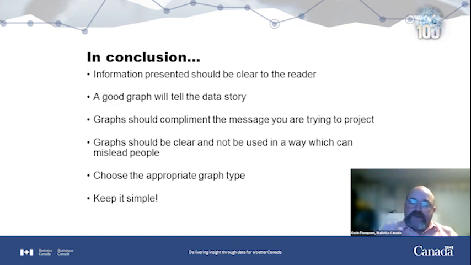They're going to look at it and think, okay, now I want to read the article or the press release or whatever it is you're using to find out exactly what the story behind all this context is. They should be used in a clear way that doesn't mislead people. You have to choose the appropriate graph type, and honestly, keep it simple. It's probably the number one thing we should do, so that it's easy for people to understand.